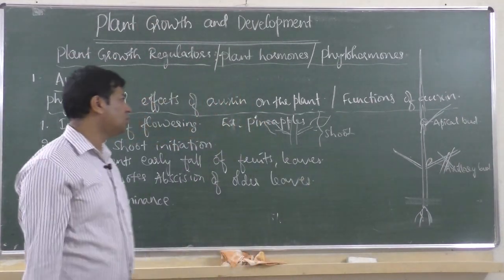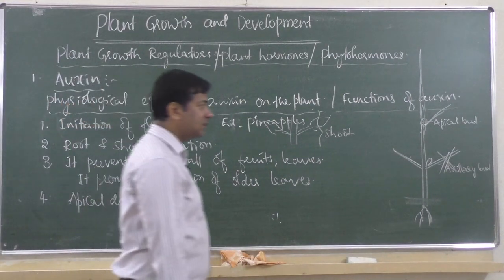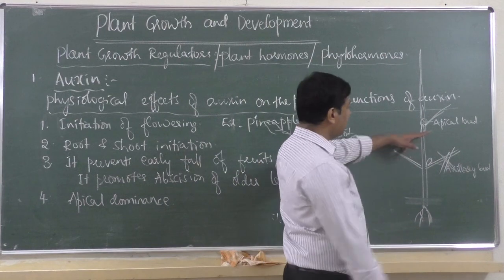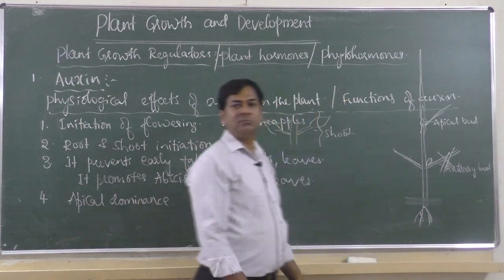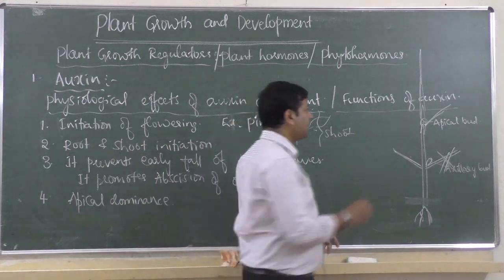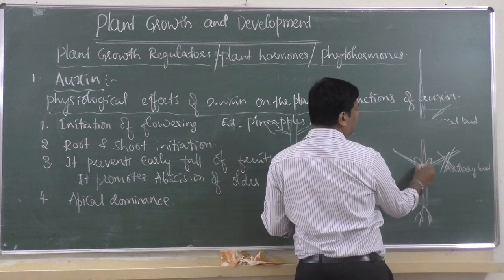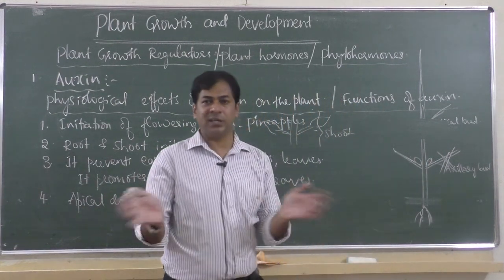So what to do? For avoiding this apical dominance, the farmer will cut the apical bud with a scissor. When you cut the apical bud, the axillary bud will start growing. It produces branches.